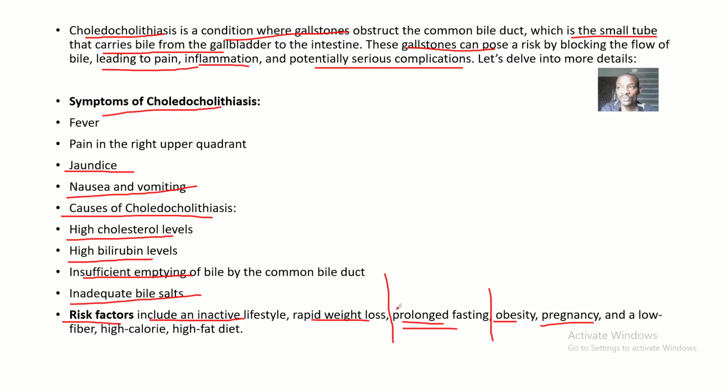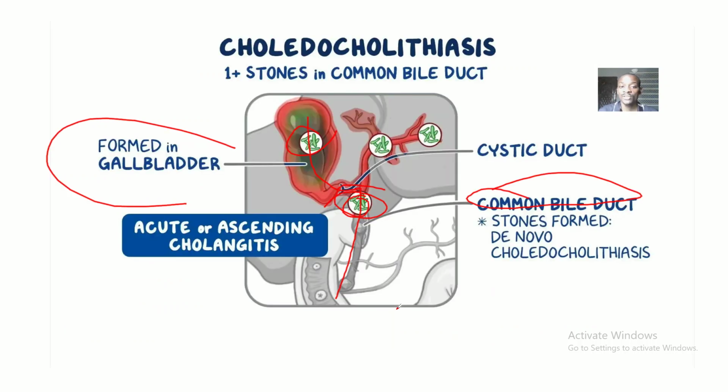If you have prolonged fasting, you are at risk of having choledocholithiasis. If you're an obese person, if you are a pregnant patient, you have risks of having choledocholithiasis. If you have a low fiber diet, if you have a high calorie diet, if you have a high fat diet too, you're at risk of having choledocholithiasis, right?